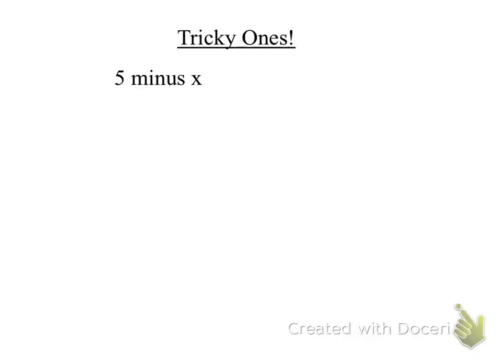All right, let's go with the next one. Okay, Hayden. How do I translate? 5 minus X. Good. Linus? X minus 5? No. 5 minus X. Why is it 5 minus X and not X minus 5?